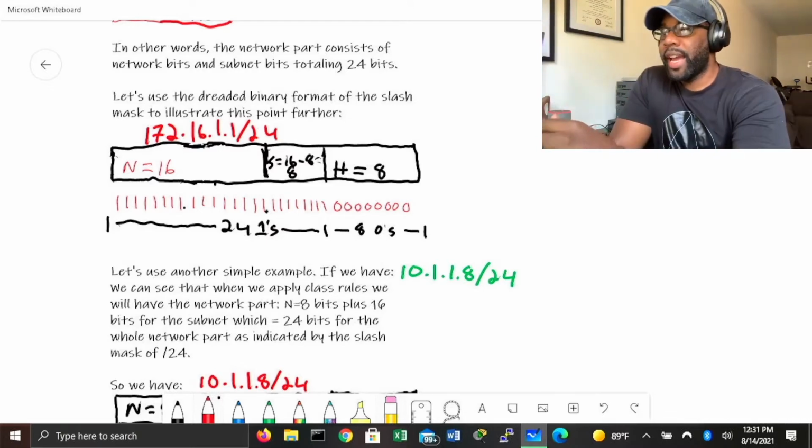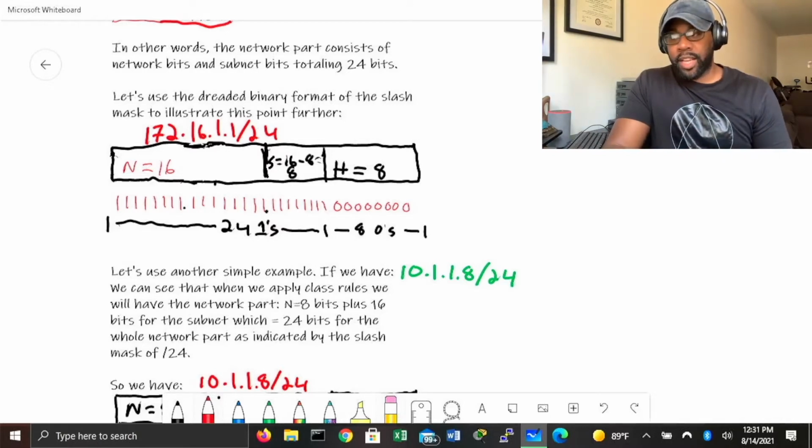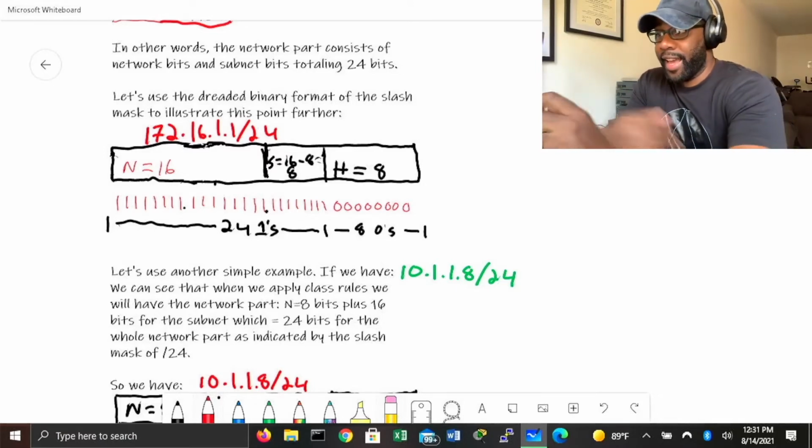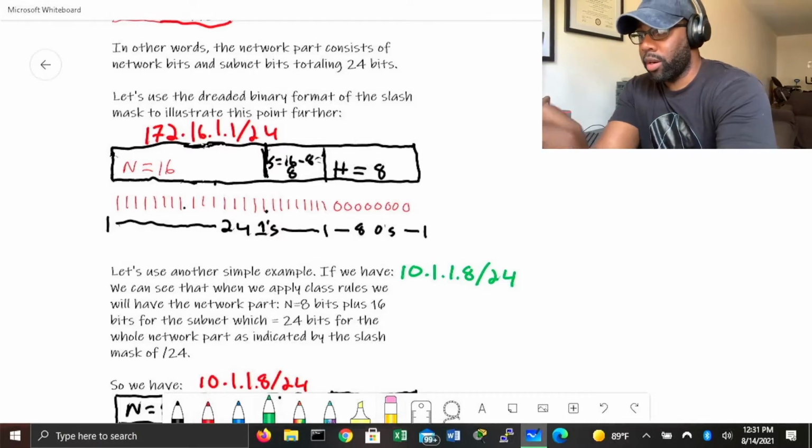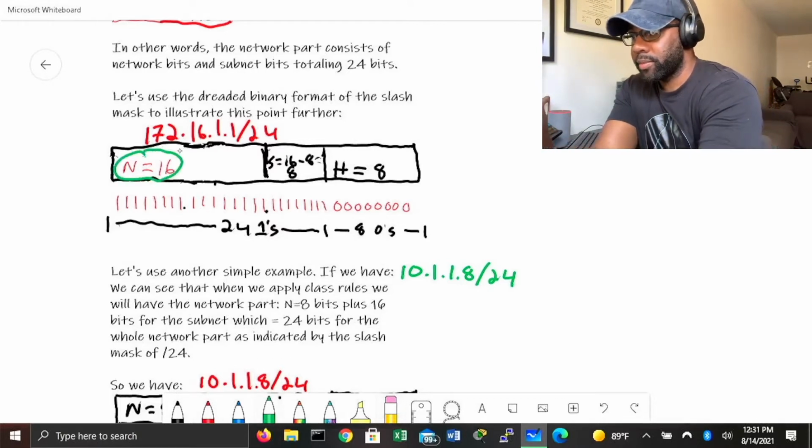So we have, again, our same example, 172.16.1.1/24, right? And we know that N, which is our network bits, is 16, right?